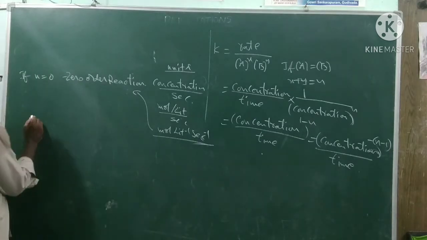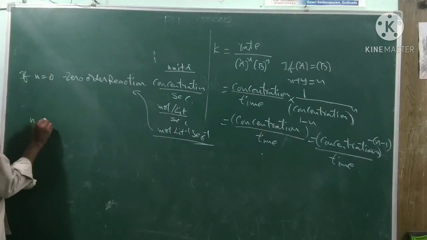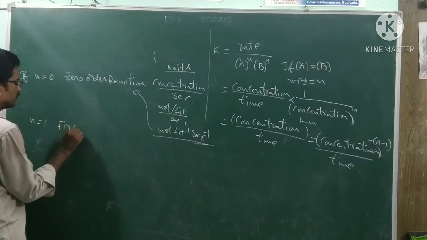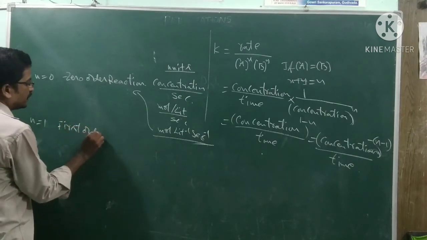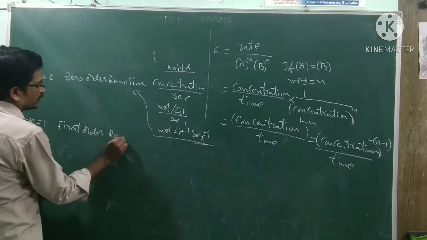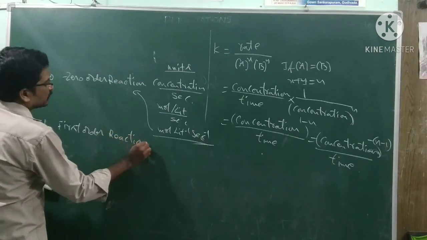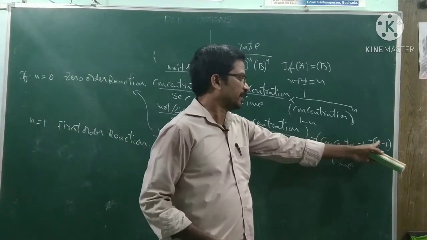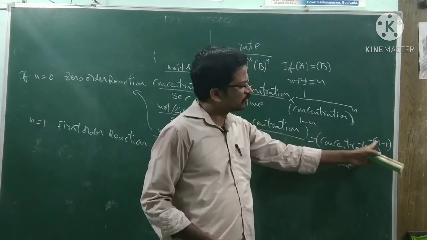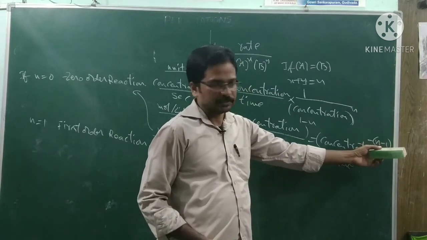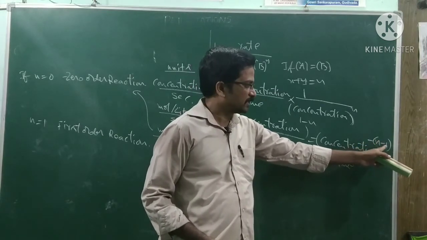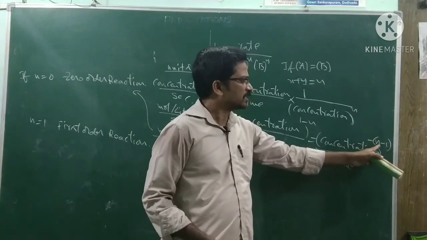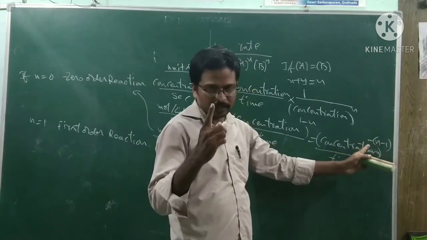Next, if n is equal to 1, it is known as first order reaction. Put n is equal to 1, then n minus 1 equal to 0. Concentration whole power 0 means 1.